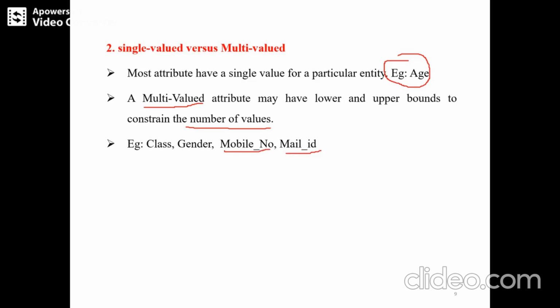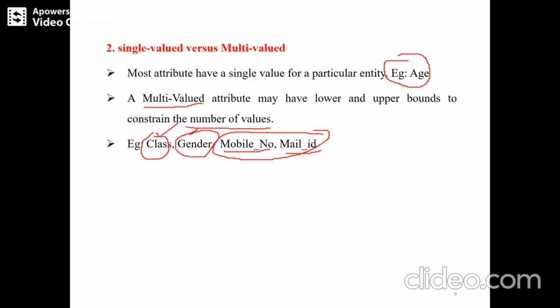The mobile number and email ID we call multi-valued attributes, but class and gender are single valued attributes. Gender is either male or female. The class can be first year, second year, third year, like that. So these two are single valued attributes and those two are multi-valued attributes.